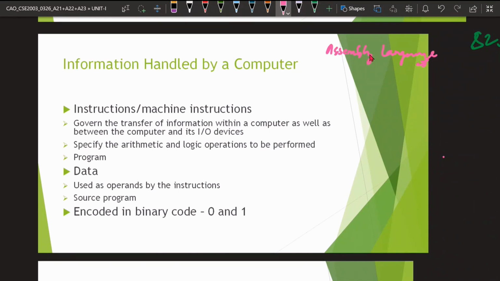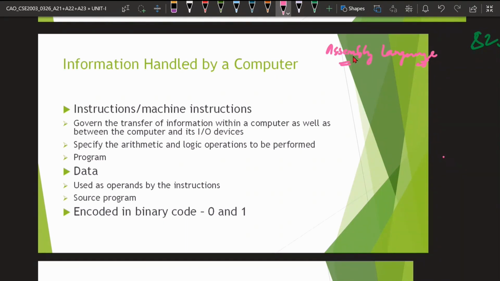We will go through this topic later in this class also. Assembly language is called a low level language. Low level languages are platform dependent, meaning operating system dependent or machine dependent.